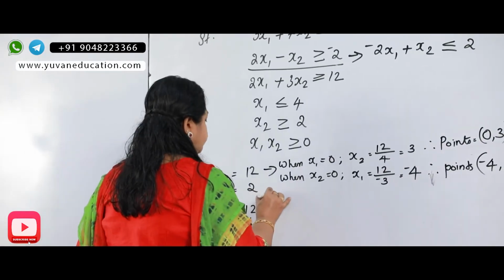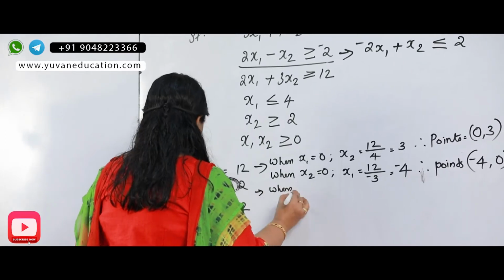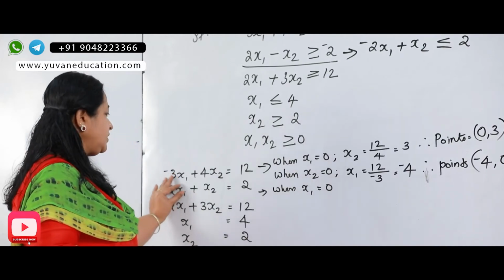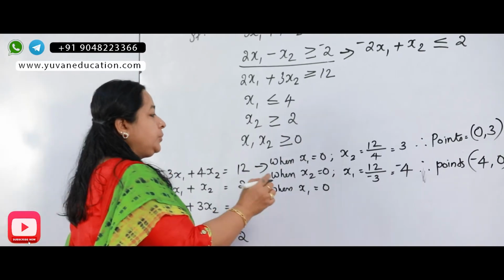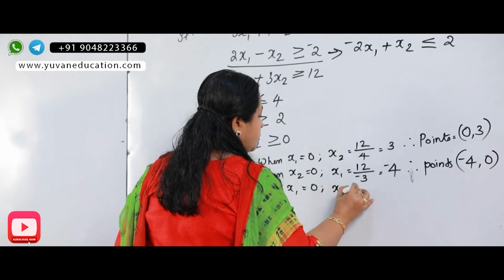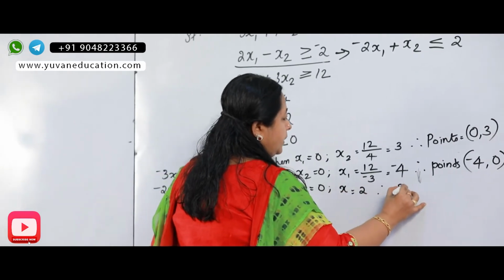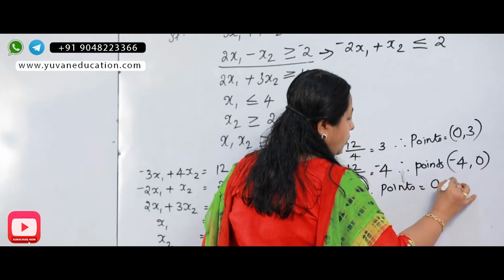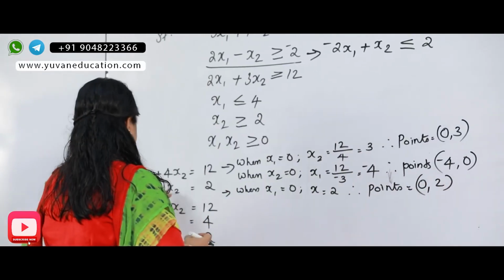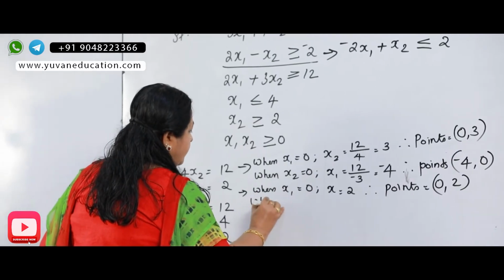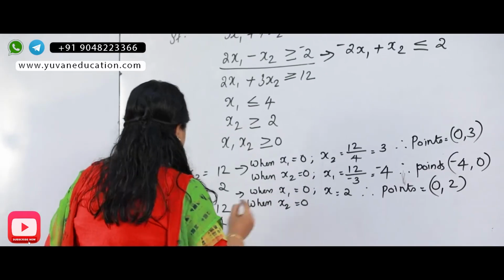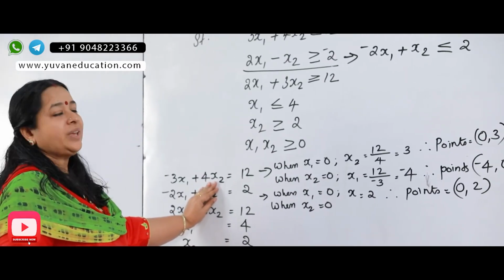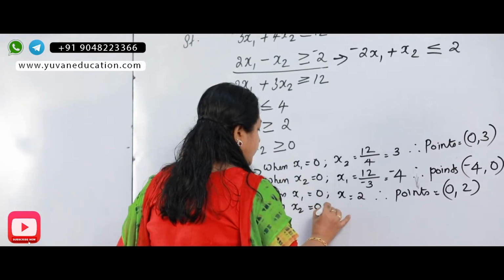Next, when x1 is equal to 0, x2 is equal to 2. Therefore, points 0, 2. Next, when x2 is equal to 0, minus 2x1 is equal to 2.